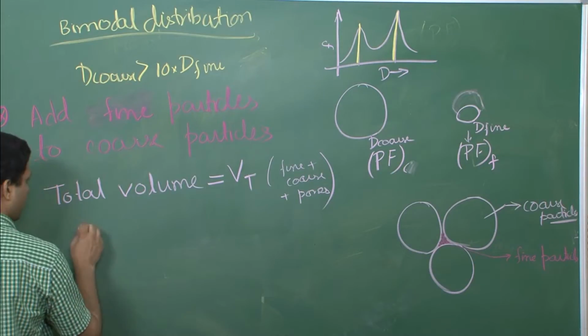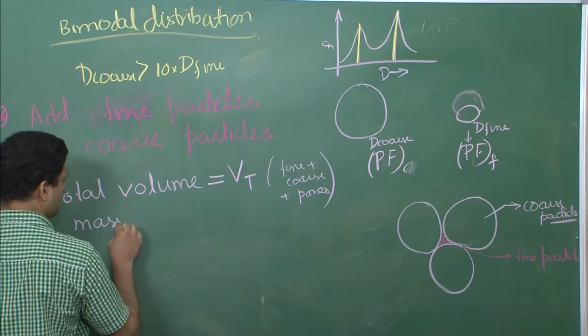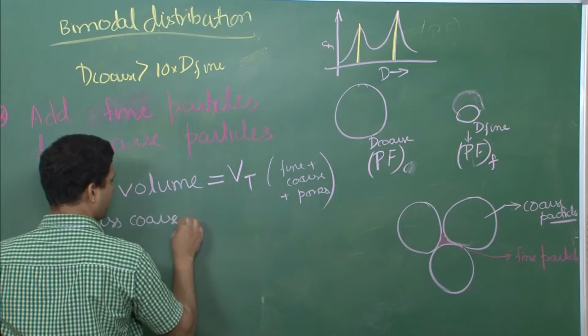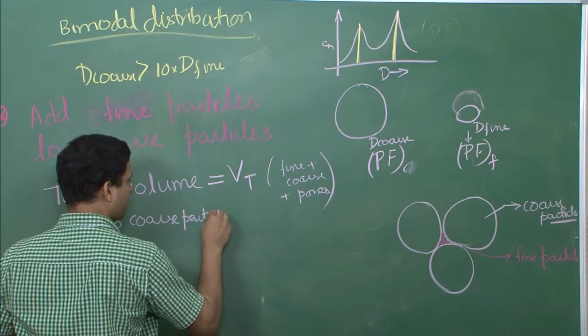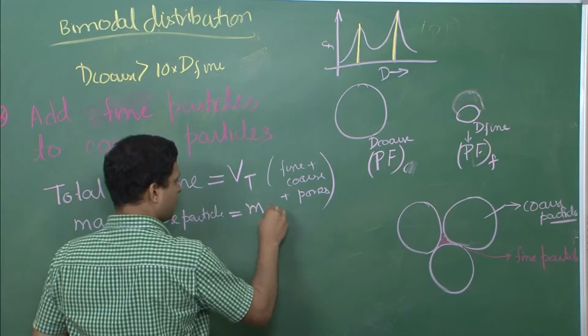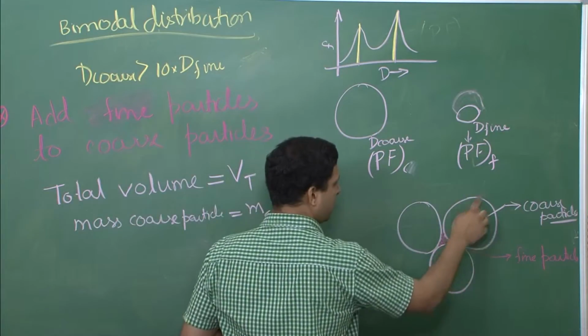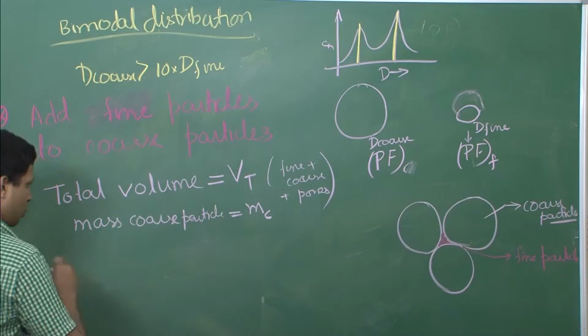Then we have the mass of the coarse particles, meaning we are now only considering the masses of the coarse particles.